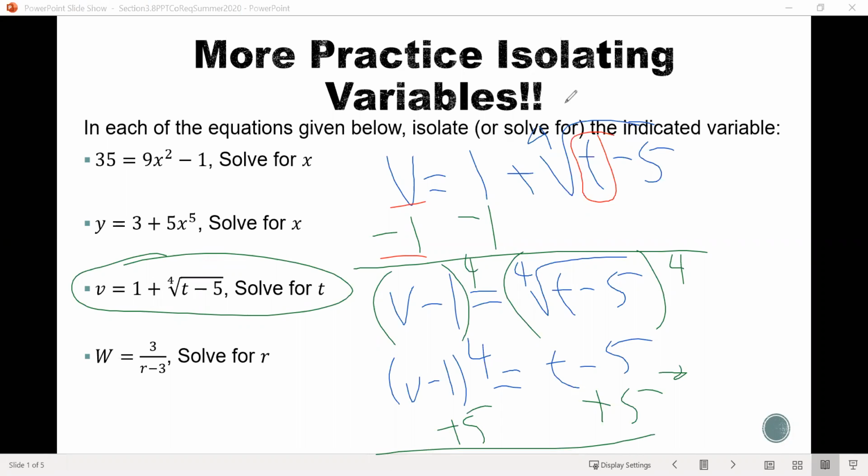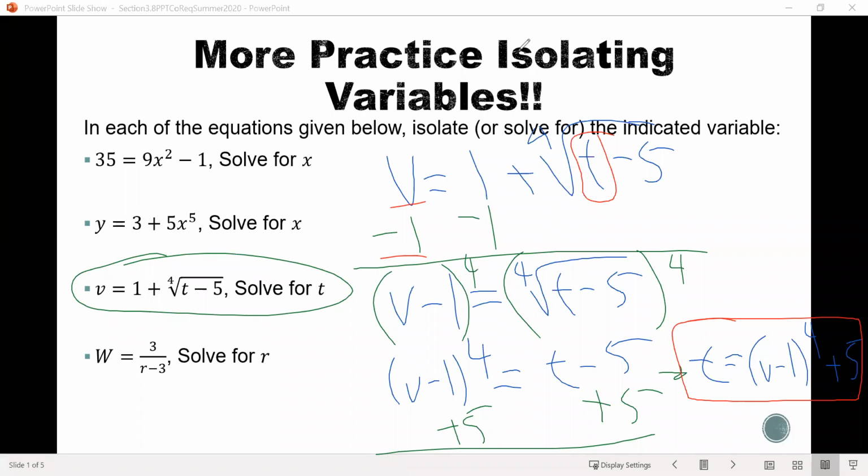And when we do that, we end up with t equals v minus 1 to the 4th plus 5. Okay, so that one's a little different than the last one we did, in that this time we had to raise something to a power to undo a root. So in general here, we're using lots of inverse operations.